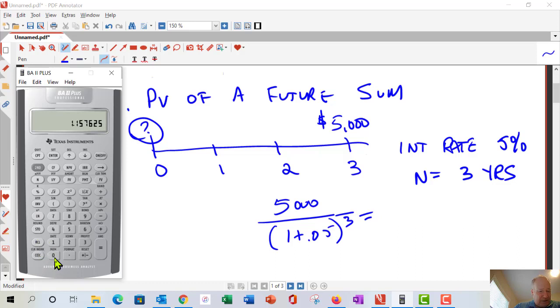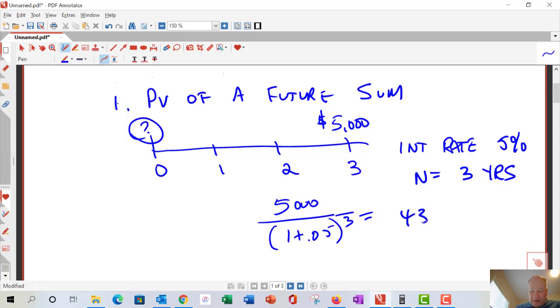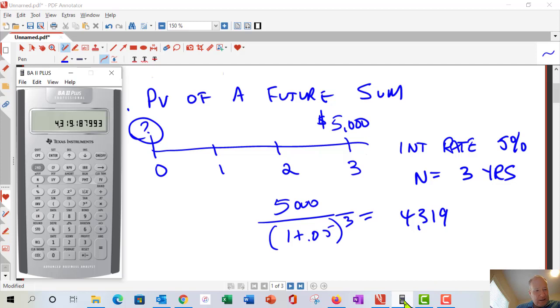Okay, I'm just going to store this in a memory. So store in 0. And when I recall that, hopefully it comes back. So I have 5,000. Going to divide that by what I just stored in the memory here. Okay, so I recall 0. And so I get an answer of $4,319.19 if I round it.